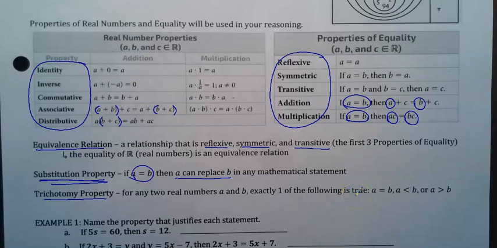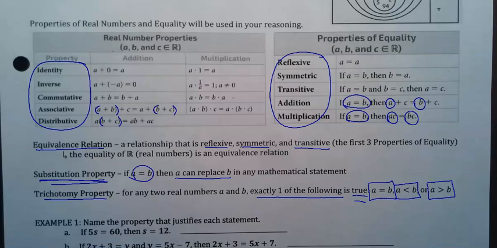Either A equals B, A is less than B, or A is greater than B. One of those three things has to be true with every single pair of numbers.